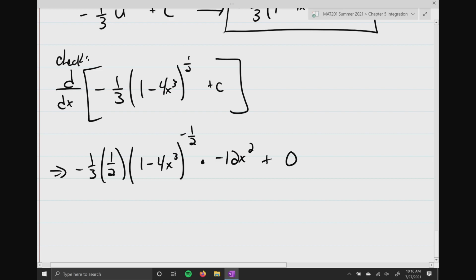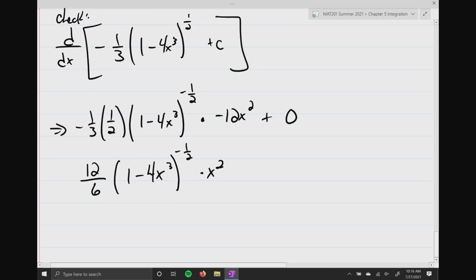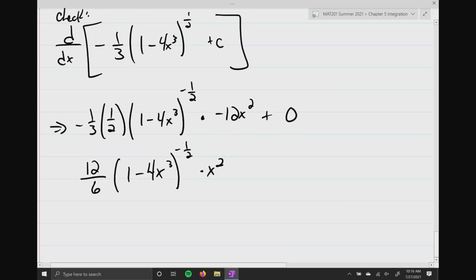So now it's just a matter of cleaning everything up. A negative times a negative is a positive. 3 times 2 is going to be 6, so this is 12 over 6 times 1 minus 4x cubed to the negative 1/2 power times x squared. 12 divided by 6 is 2. And I'm going to move this x squared out front.